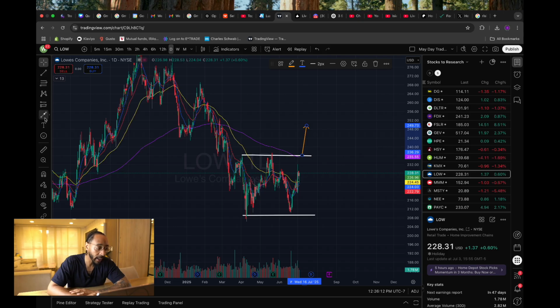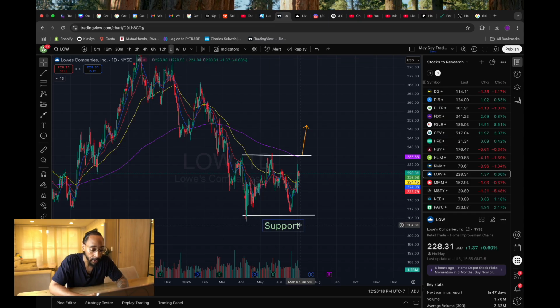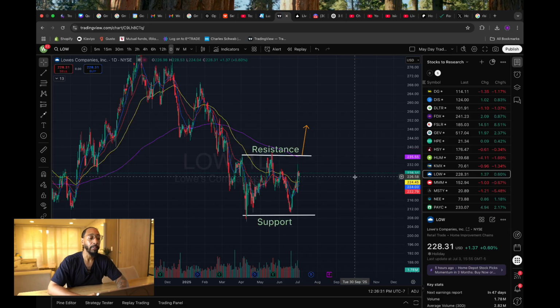When you understand this, you can say, okay, this is support, and this is off the daily time frame. And this is resistance. But it's an outline. So support is basically sitting at 209, and then resistance is sitting at 236.